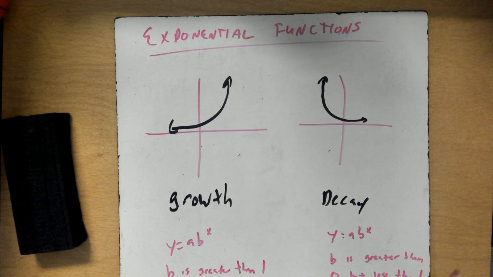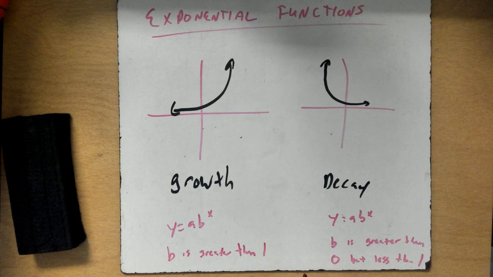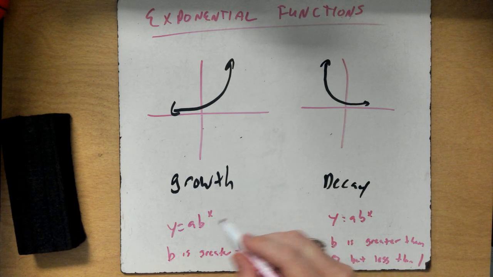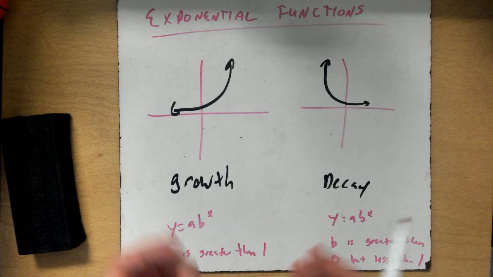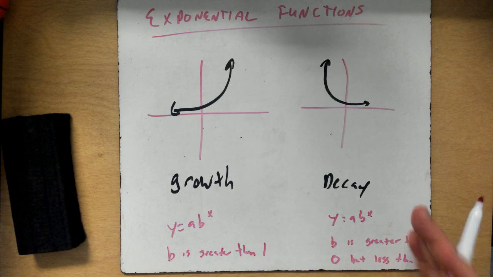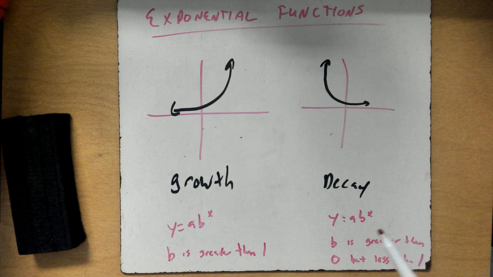So basically it's a fraction, okay? That's kind of what we're talking about. So B is greater than 1 for growth, B is greater than 0 but less than 1 for decay. So in this case, our B would be anything bigger than 1, so 2, 3, 4, 5, whatever, 1.5. Decay would have to be some kind of fraction between 0 and 1, okay?